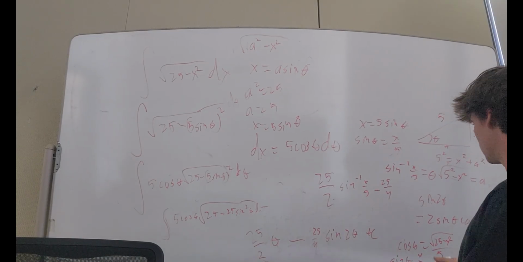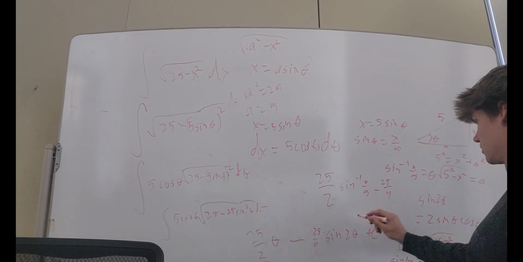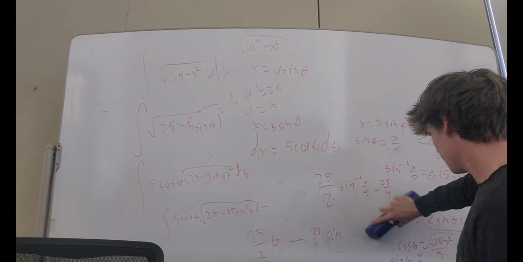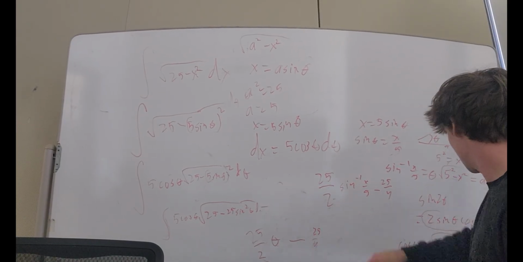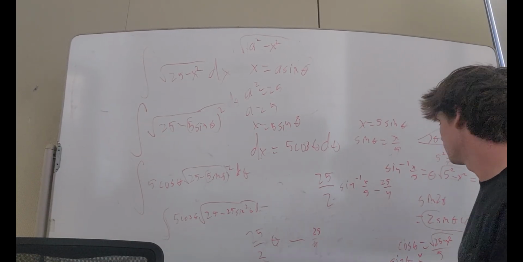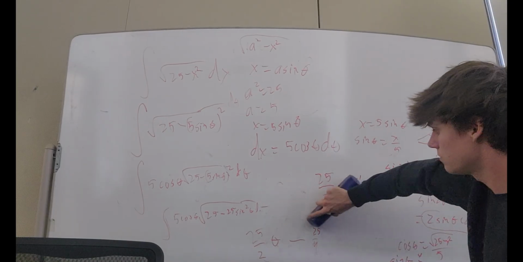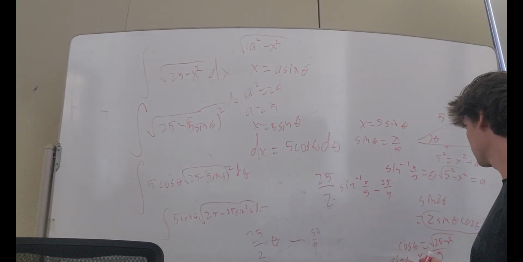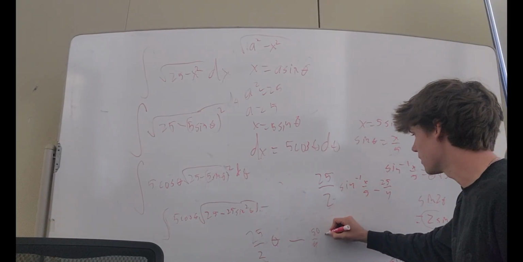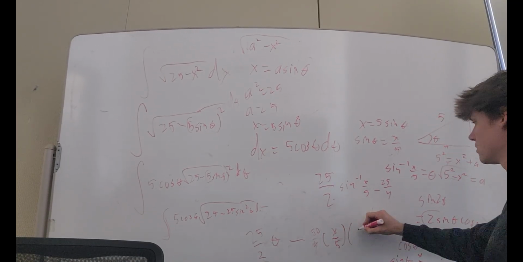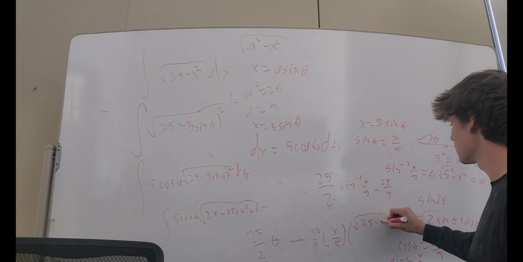Plug that into here. Let's rewrite it. I'm just going to skip a step and write it straight as 2. So there's a 2 up front. I'm going to just multiply the 25 by 2. That is a 50. And then sine theta is x over 5, and then cosine theta is root 25 minus x squared over 5.